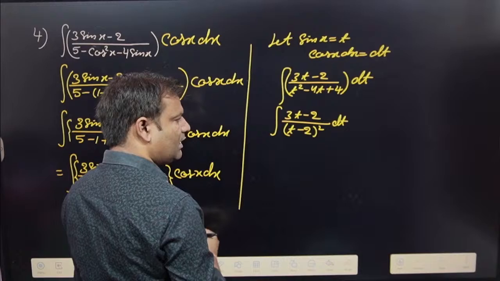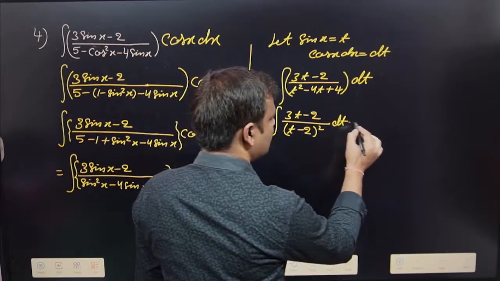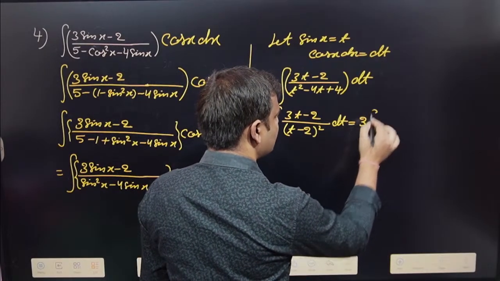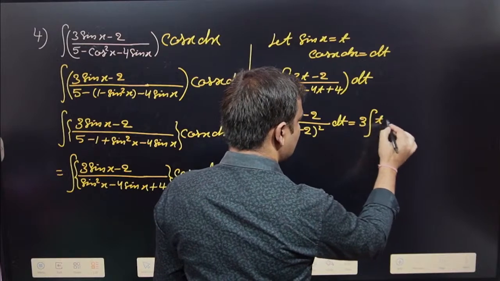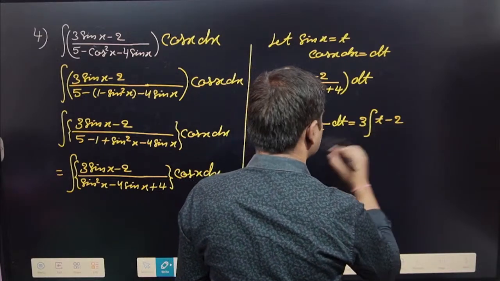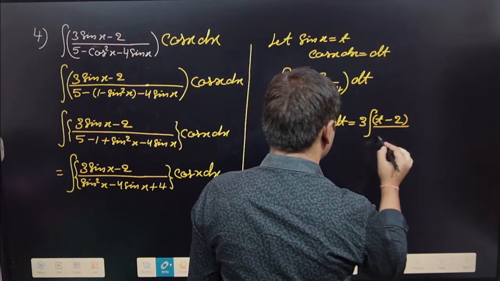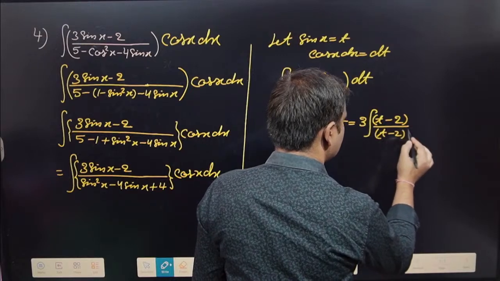Okay, how can we solve? Here 3t minus 2 divided by t minus 2 to the whole square dt.